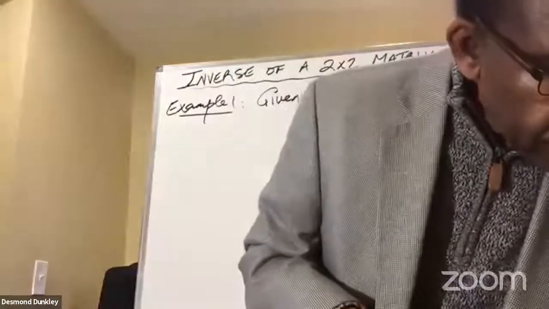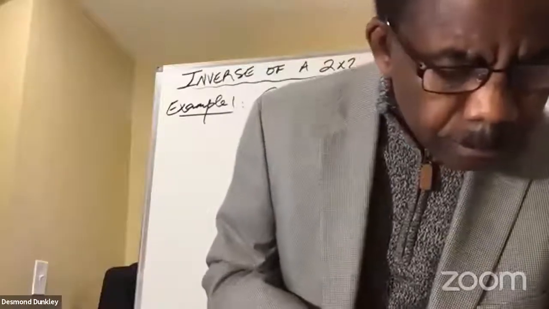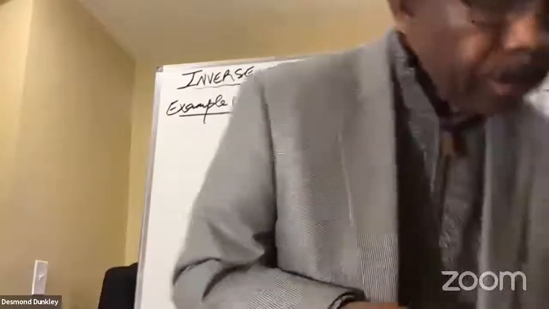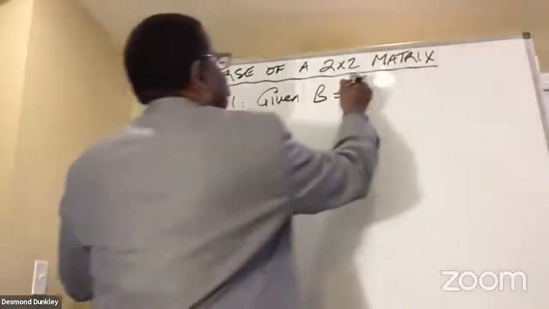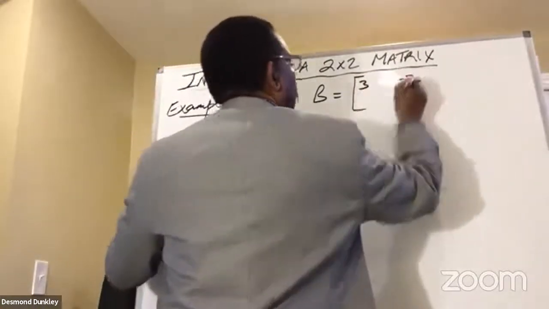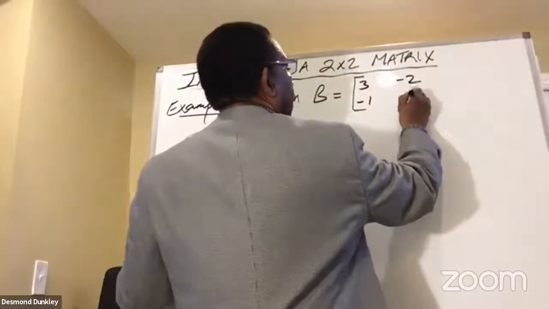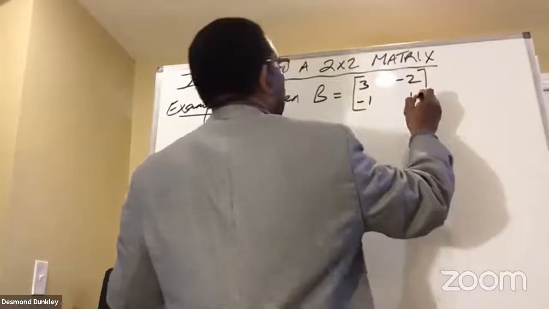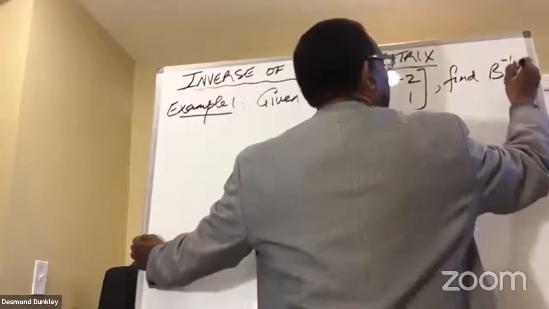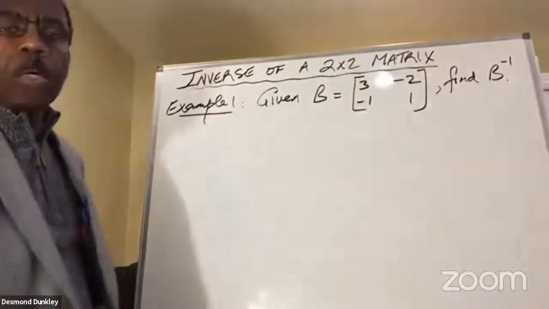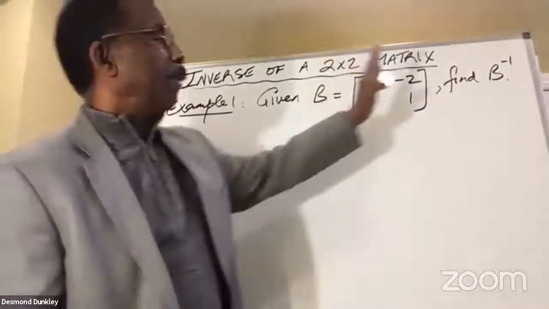Okay, so let's go with 3, -2, -1, 1. So what do we have? We have matrix B, a 2 by 2 matrix, and we need to find its inverse.